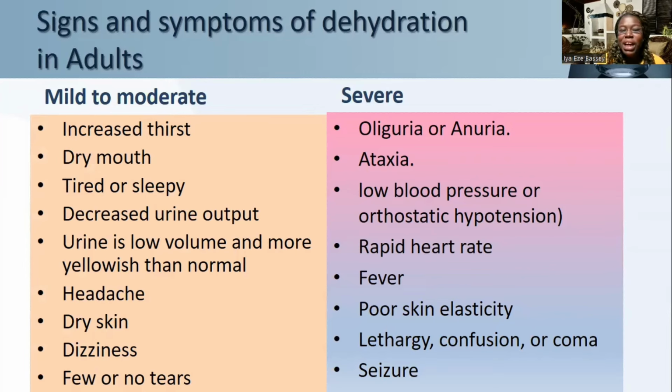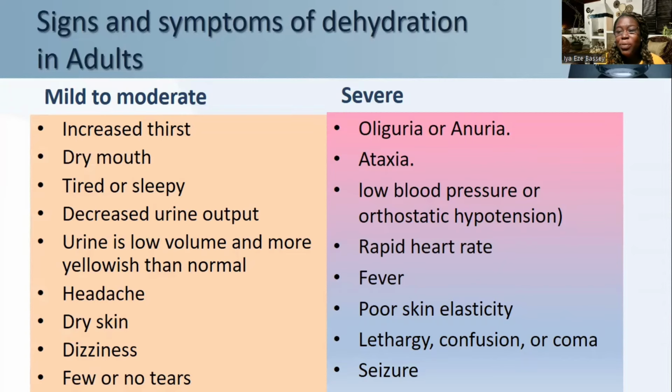The urine is small and very concentrated, so it will have a yellowish color, much more yellowish than normal. Some people you will even see brown. And then the person has constant headaches, which are cerebral, neurological symptoms. You have dry skin, the skin is cold and clammy, dizziness, and few tears.